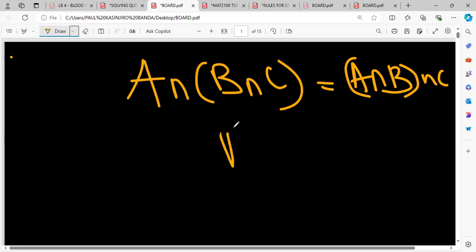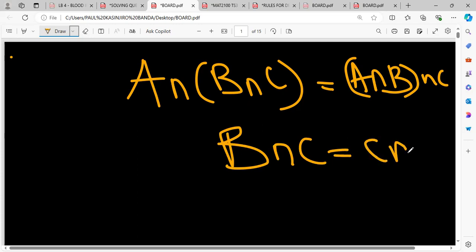Meaning if I use my commutative laws, A intersection B is the same as B intersection A. You can start with this, or you can start with the set C. Your answer is going to be the same.